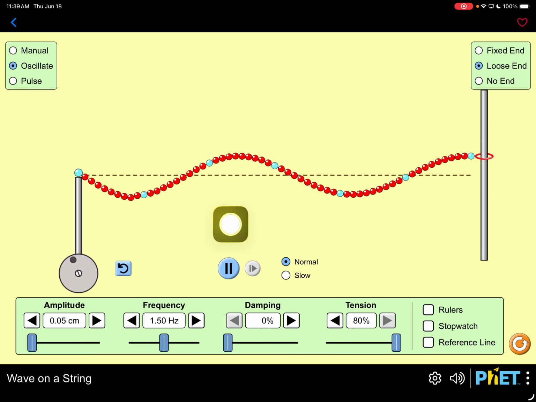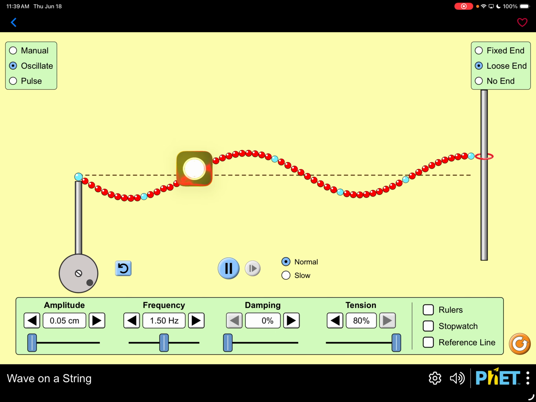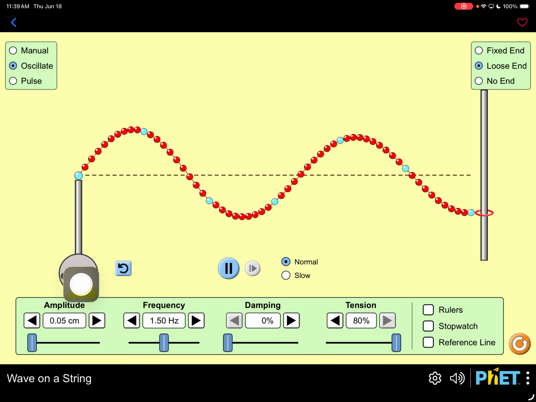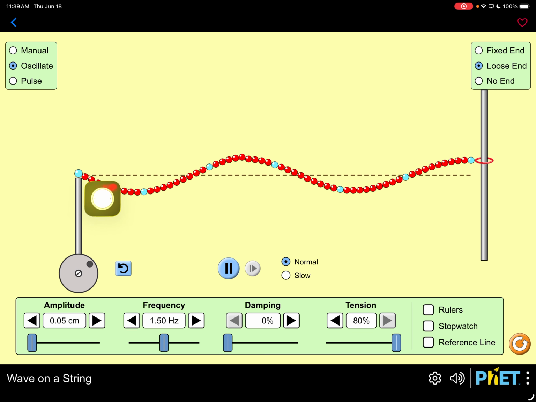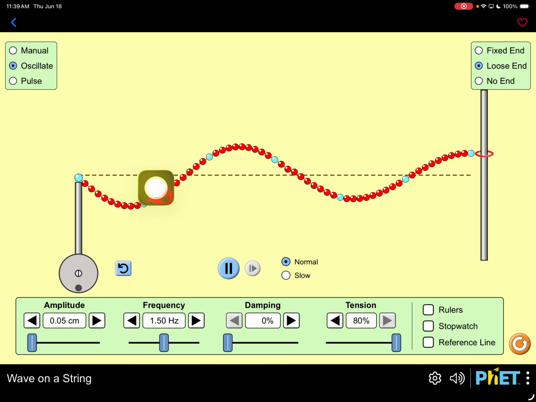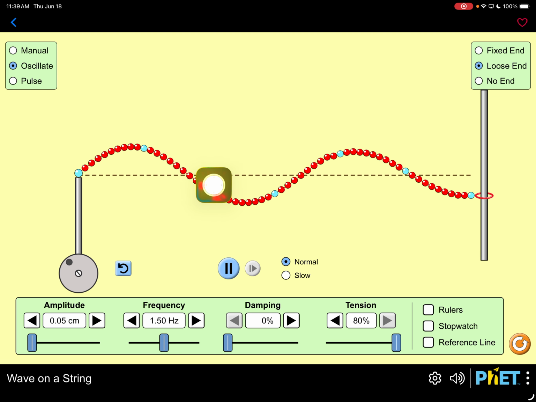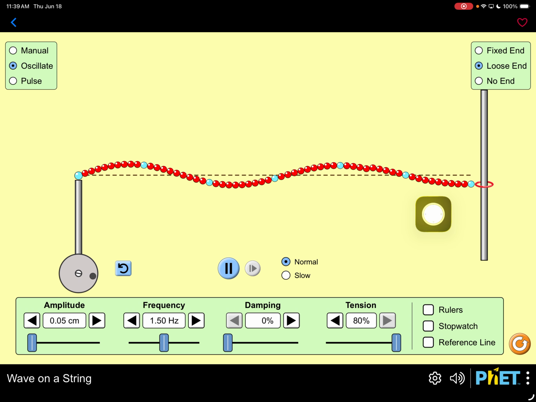To create a wave in a medium, you have to pump energy. Here's this oscillator that's pumping energy into the medium, and this wave is carrying away the energy.